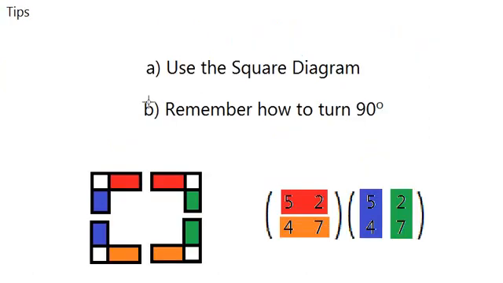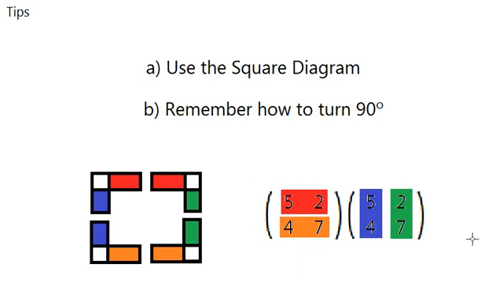So my tips for doing matrices are to use my square diagram, and you can actually color code them so that it's a bit easier to manage. For the corners you can do a mixture of those two colors if you want to, but it's difficult to do on the computer, so I'm not going to fill them. Just guess it yourself. For every top row it's going to be the top ones, the bottom row will be the bottom ones, the left side will be the left side, the right side will be the right side.